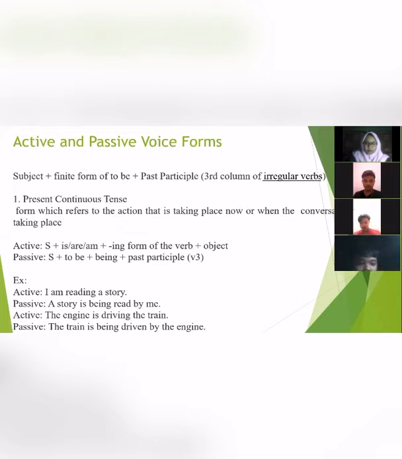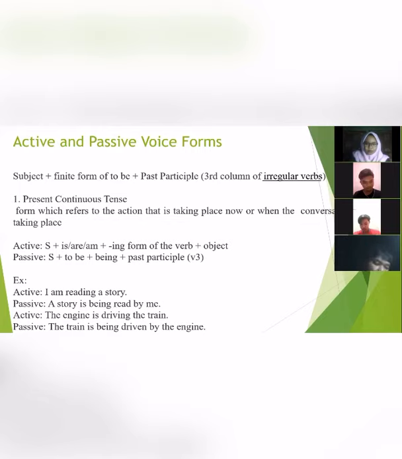Subject plus finite form of to be plus past participle, the third column of irregular verbs. 1. Present continuous tense, which refers to an action taking place now. Active: subject plus is, are, or am plus verb-ing plus object.